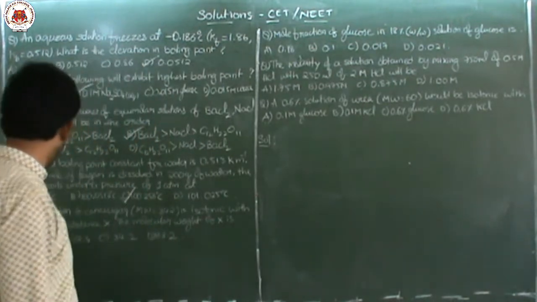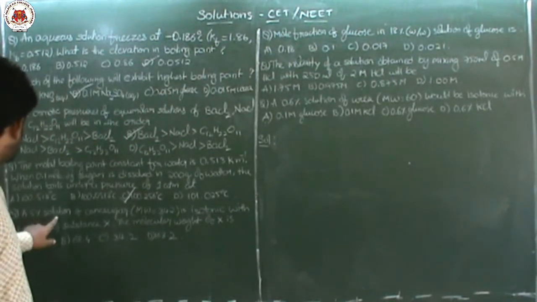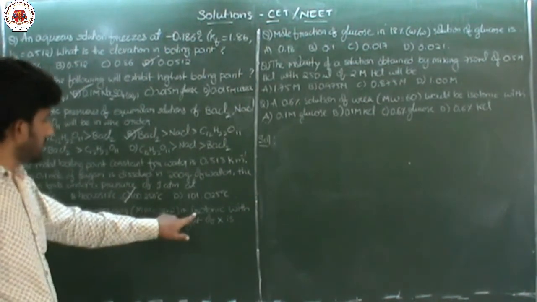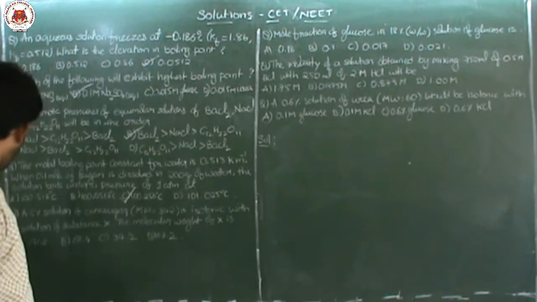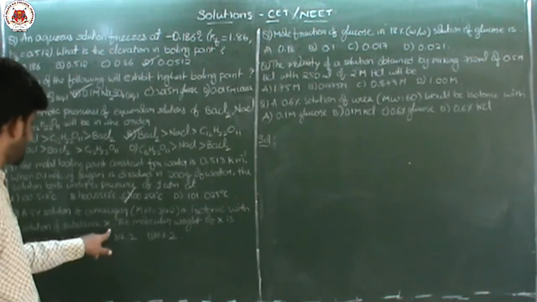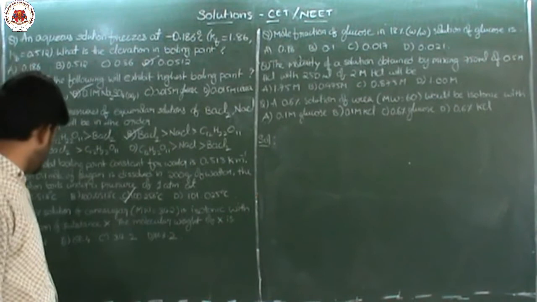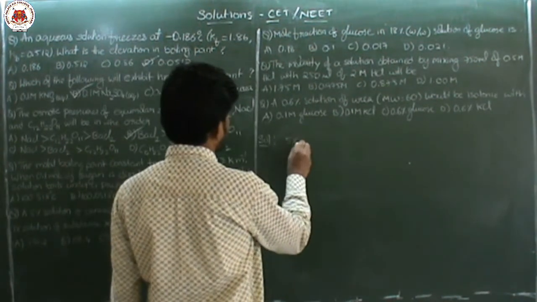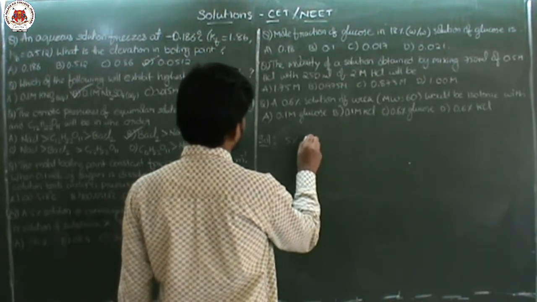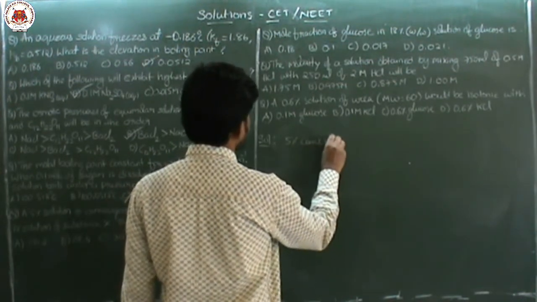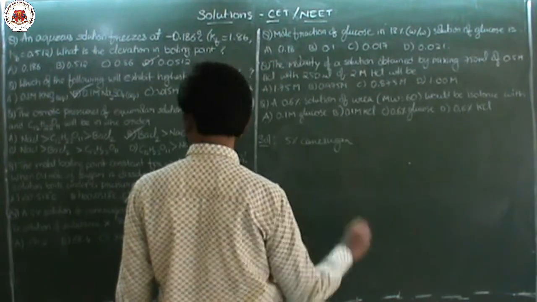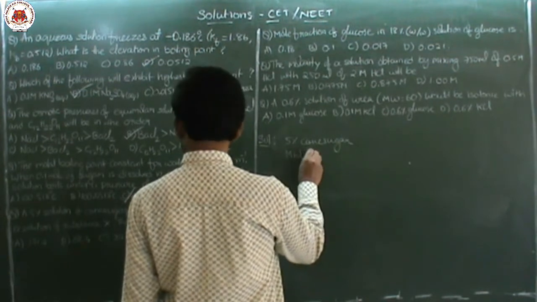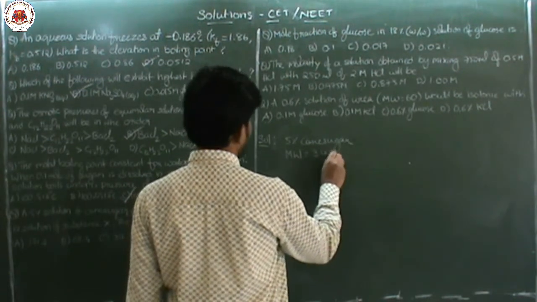Next question: a 5% solution of cane sugar, molecular weight 342, is isotonic with a 1% solution of substance X. The molecular weight of X is? They have taken a 5% solution of cane sugar, whose molecular weight is given as 342.